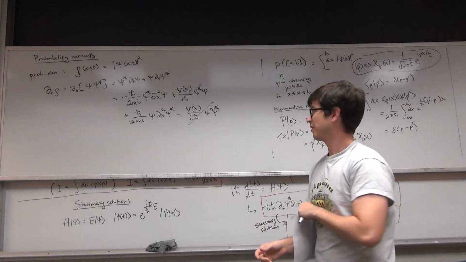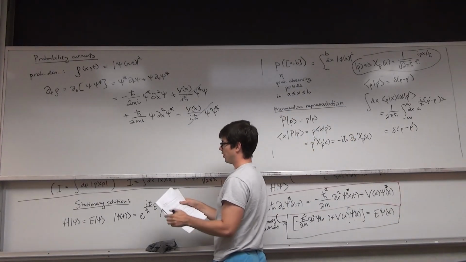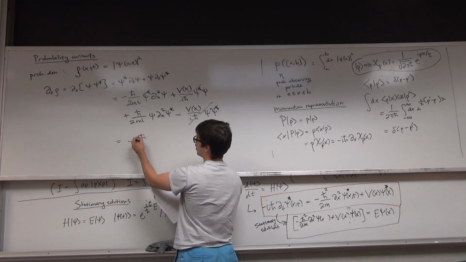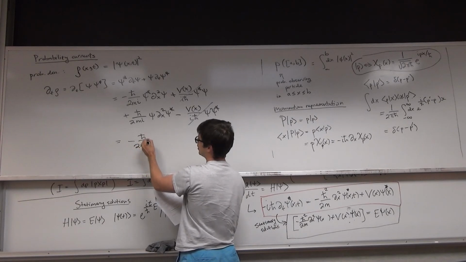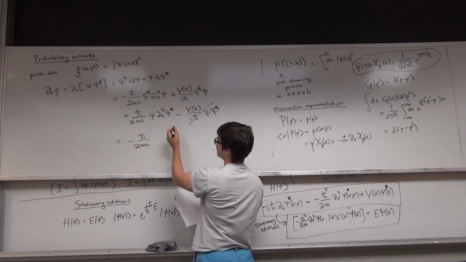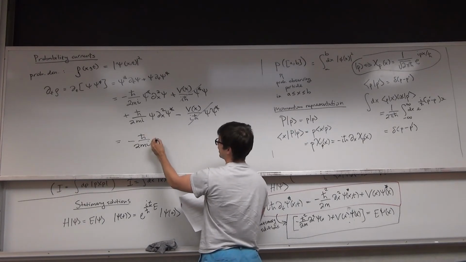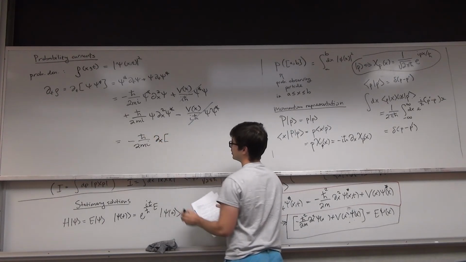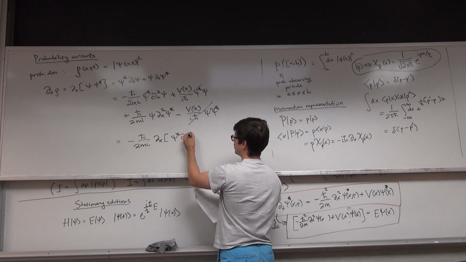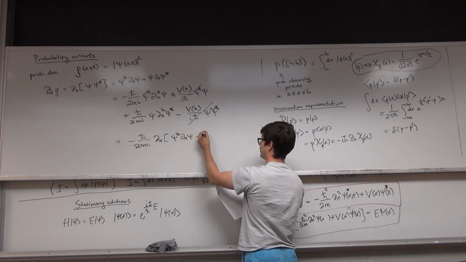And you're left with the following thing. You're left with minus h bar over 2mi, and it is these two terms. You can factor out a derivative with respect to x, actually. I'll show you in a moment.